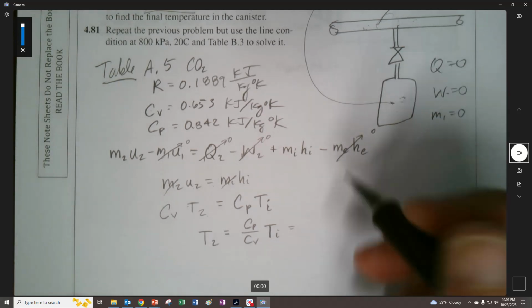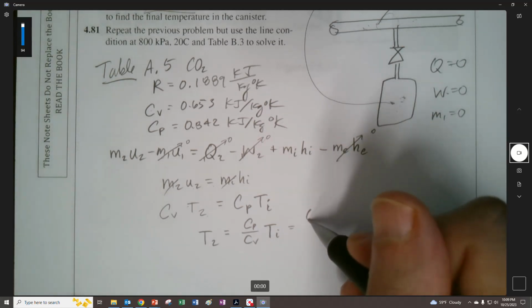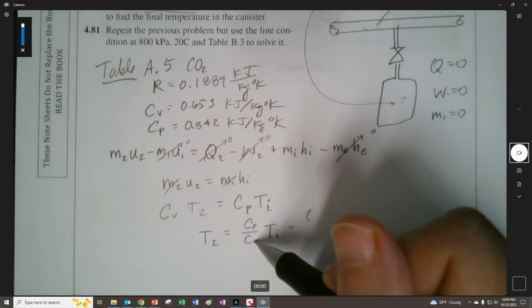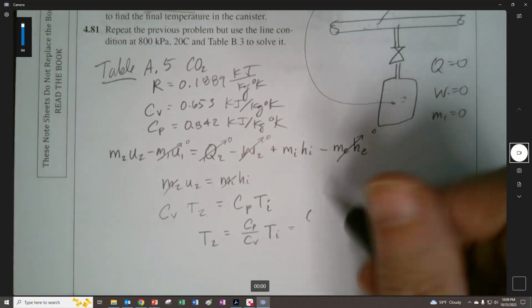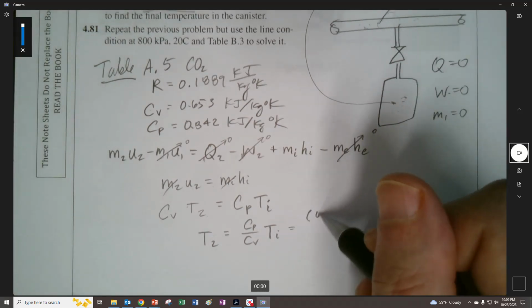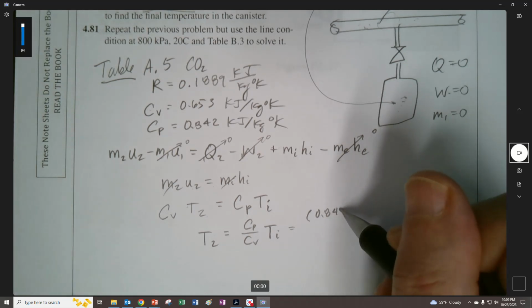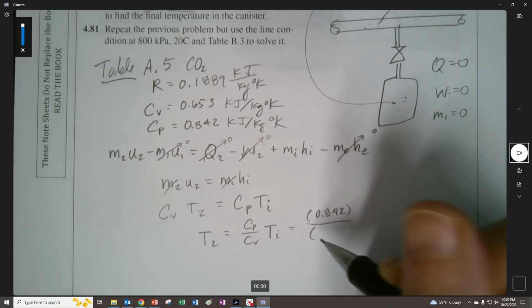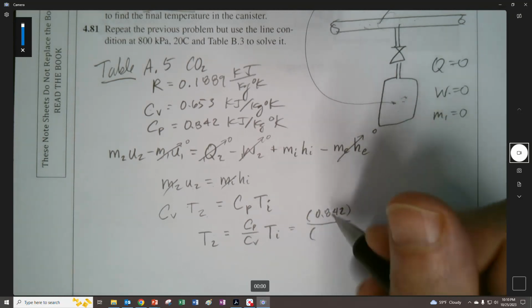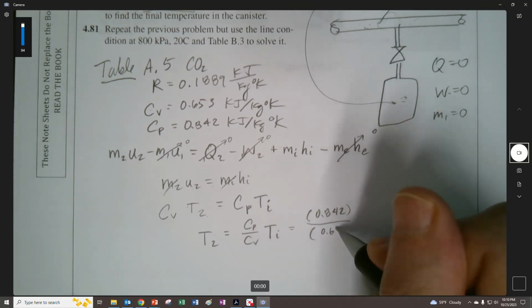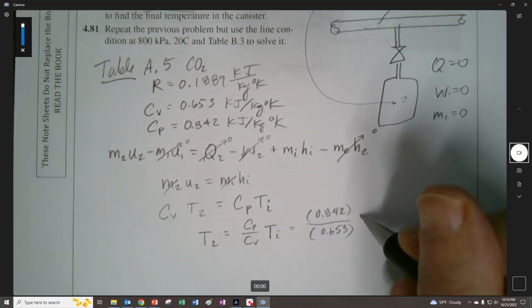You have to use absolute temperature. And by the way, CP over CV is actually a thing. It's called K. We haven't used it yet, but we will soon. K will pop up in different processes, and the specific heat ratio is a useful and commonly used thing.